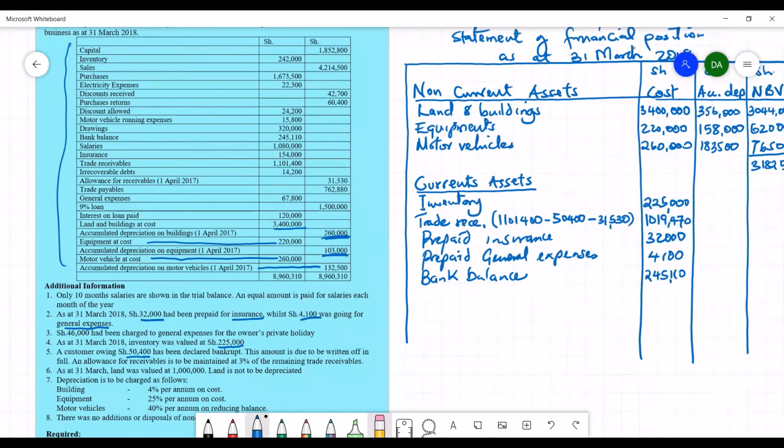Now we determine the total of the current assets to be equal to 1,525,680. That is the total current assets.